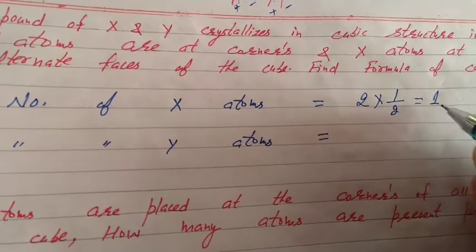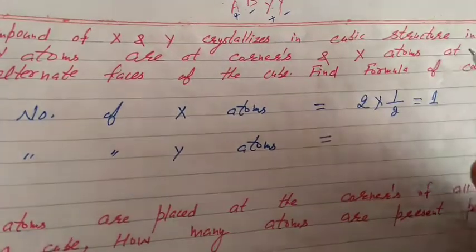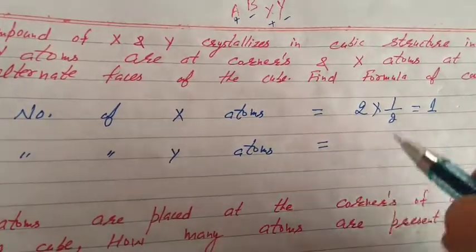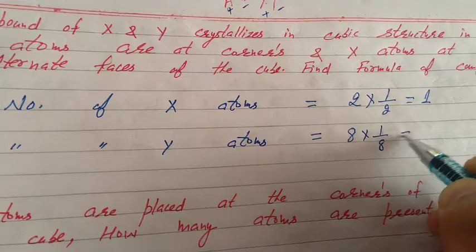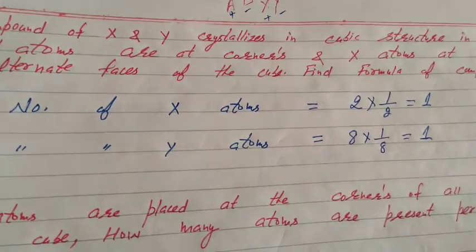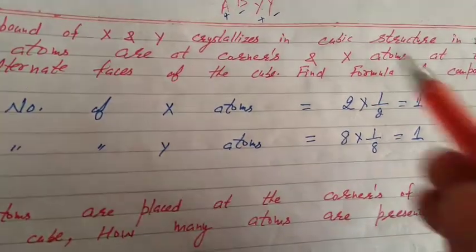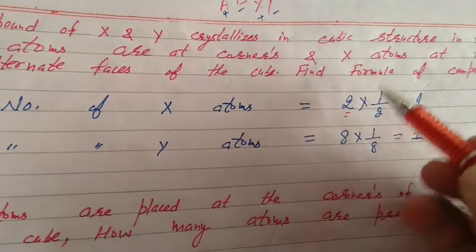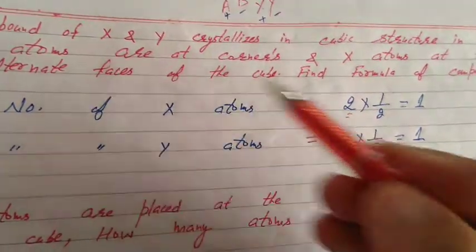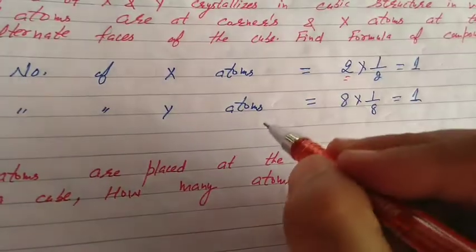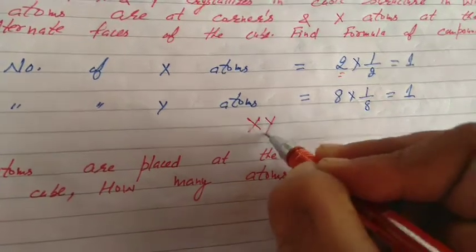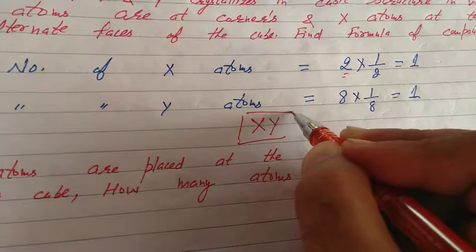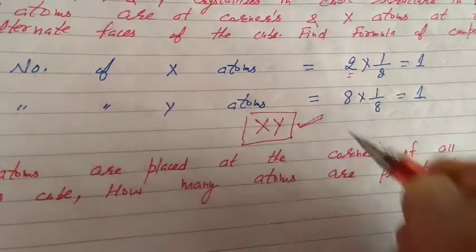We got 1. Number of Y atoms: they are present at corners. 8 corners and contribution at corner is 1 by 8. Again we got 1. Students, there are total 6 faces, but we consider only 2 because in the statement they are at alternate faces of the cube. Now write the symbol and put numerical value on the lower right hand side of the symbol. Our answer is XY. Formula of the compound is XY.